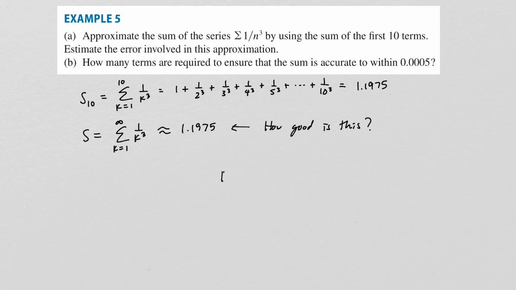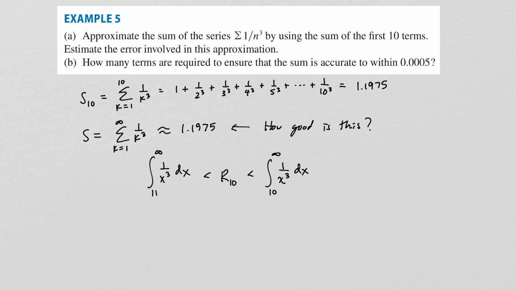Well, we need to find the error when doing the 10th partial sum, and this is called R_10. And we know from the previous page that this is going to be less than the integral from 10 to infinity of the function 1 over x cubed dx, and it's going to be greater than the integral from 11 to infinity of 1 over x cubed dx.